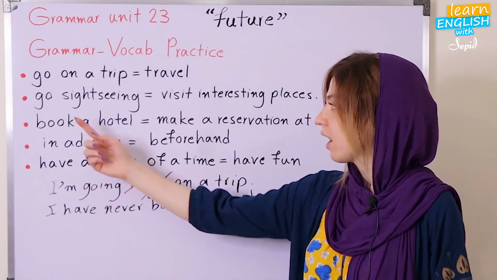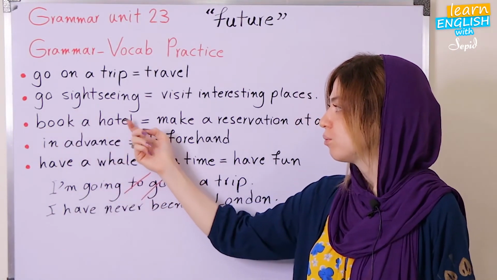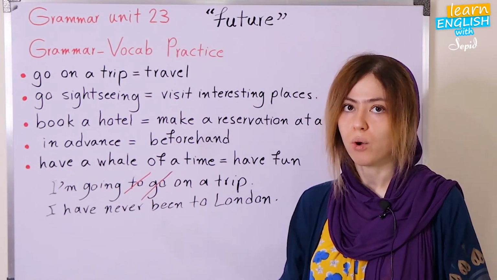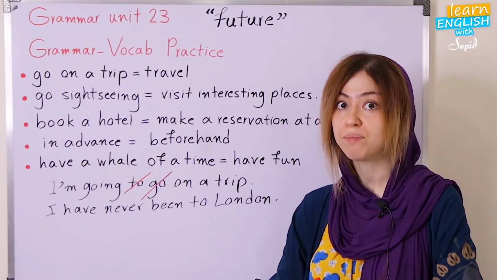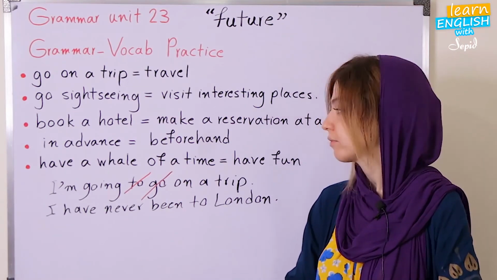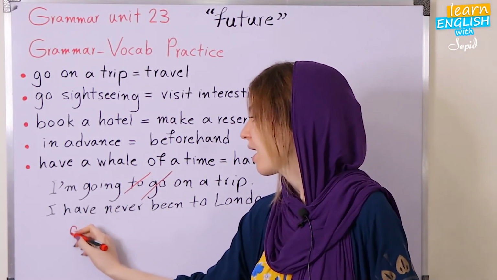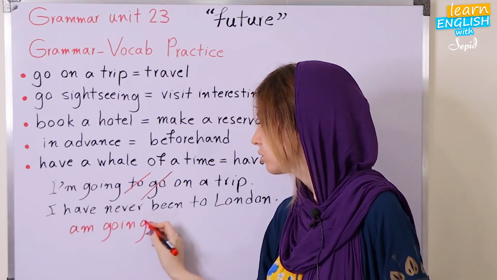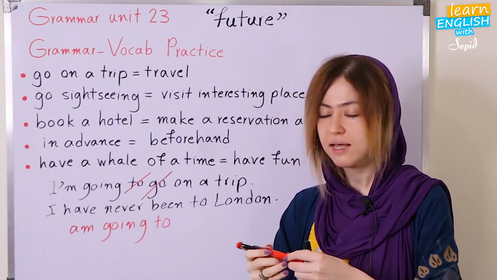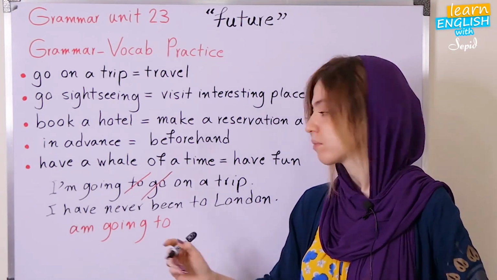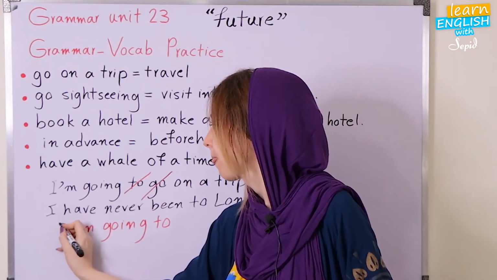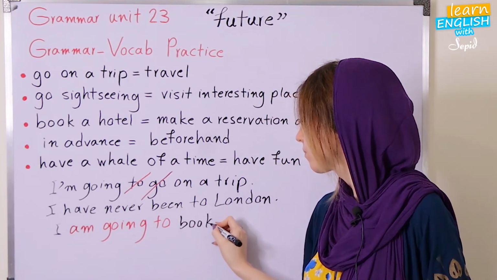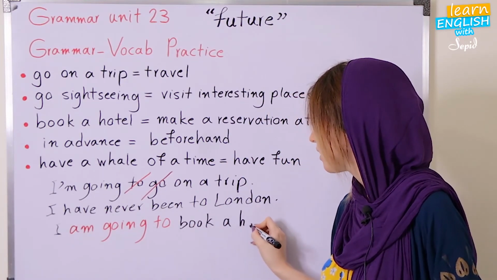Let's go. I'm going to book a hotel. So here we use the grammar be going to. Okay? Am going to. So I said, I am going to book a hotel.